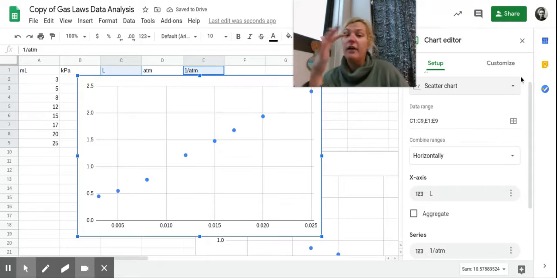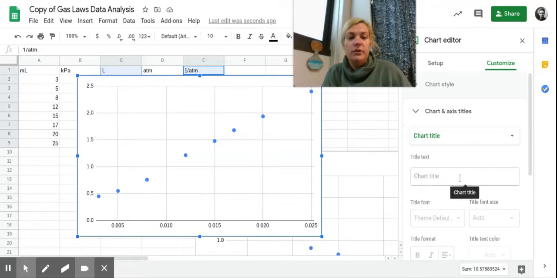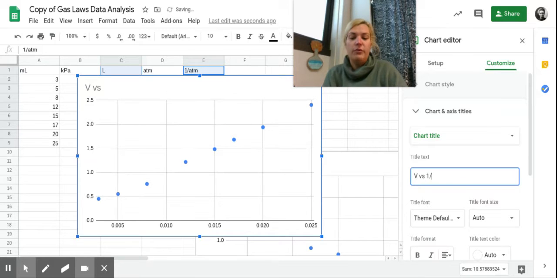And we'll notice that we have no labels, so we have to do that. So we're going to go to Customize, Chart Axes and Title. Chart title is volume versus 1 over atmospheres. Nope. 1 over atmospheres. There we go.